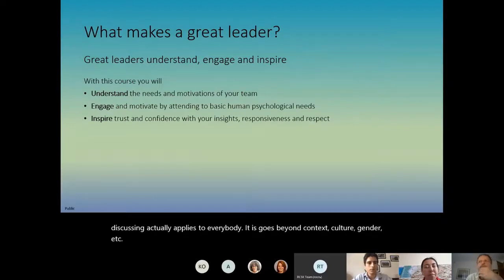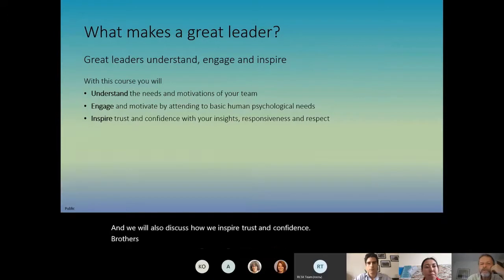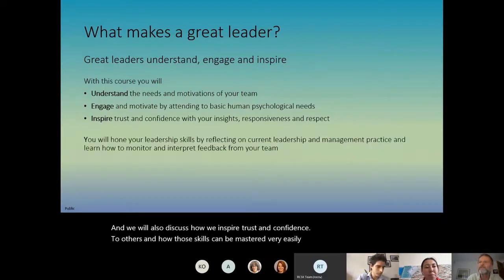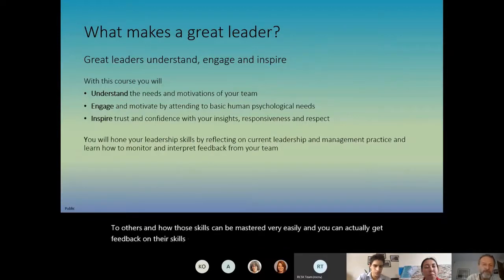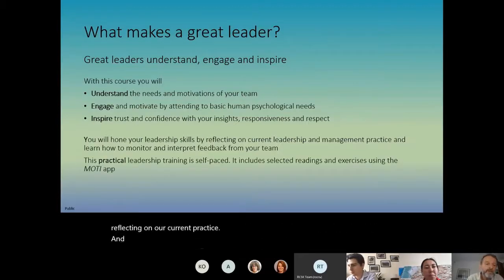And we will also discuss how we inspire trust and confidence in others. And how those skills can be mastered very easily, and you can actually get feedback on those skills. So basically, the whole point is to hone our leadership skills by reflecting on our current practice and monitoring the feedback on our practice.